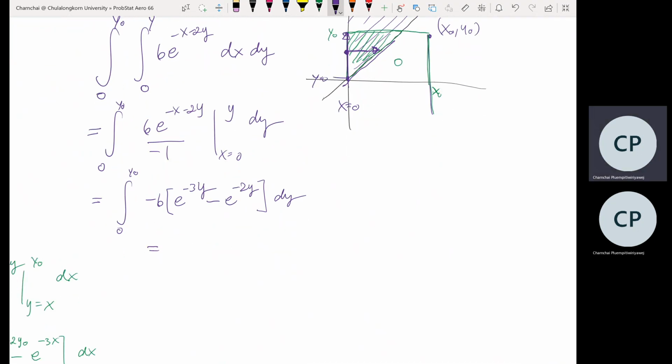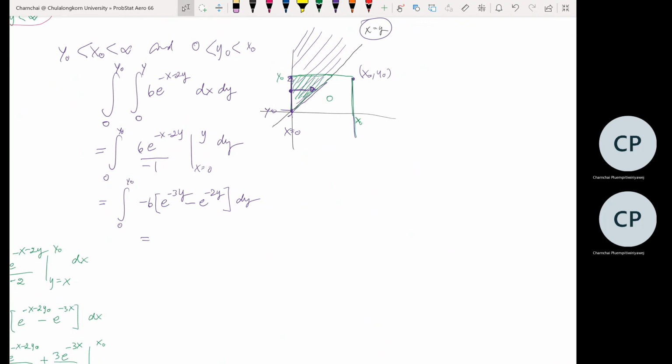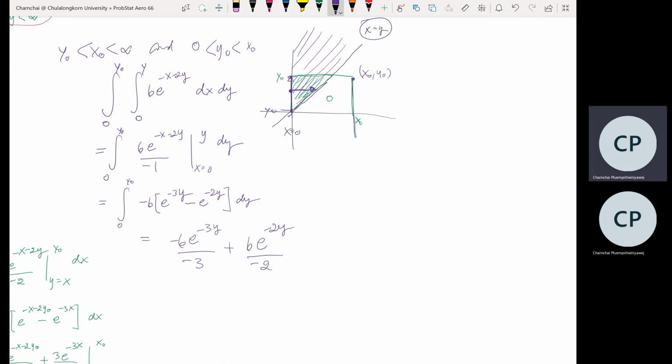What do we get? Negative 6 e to the negative 3y over negative 3, plus 6 e to the negative 2y over negative 2, y from 0 to y naught.